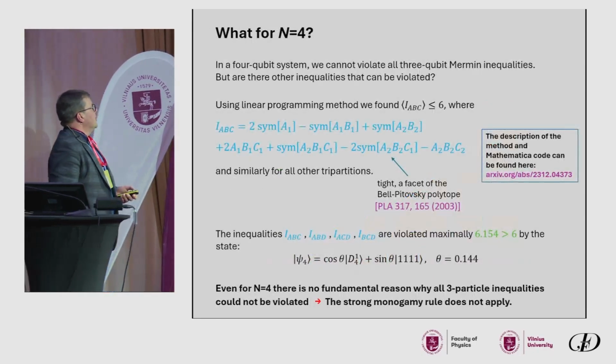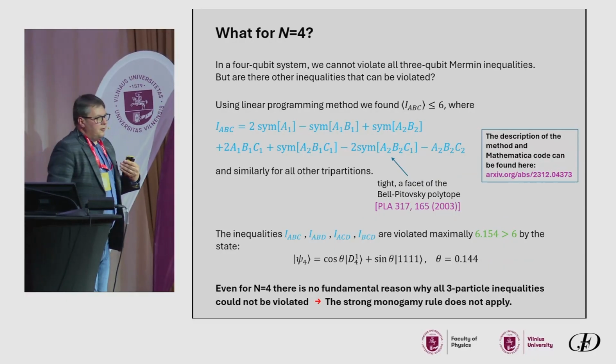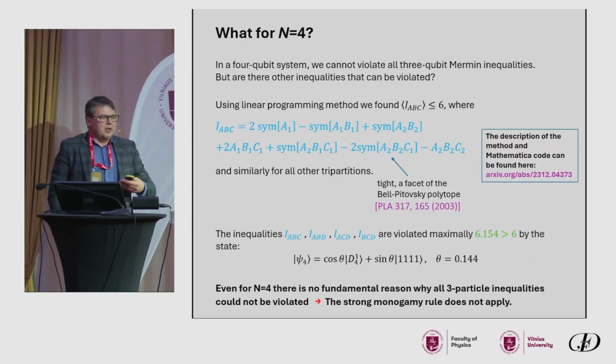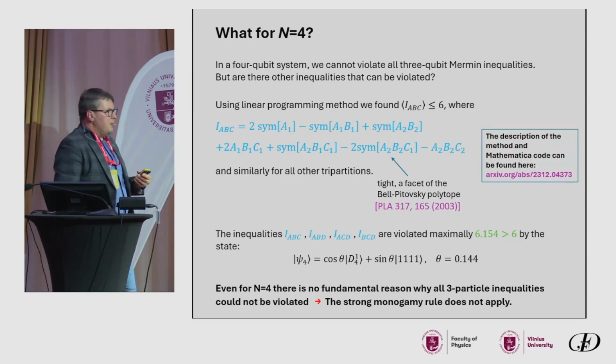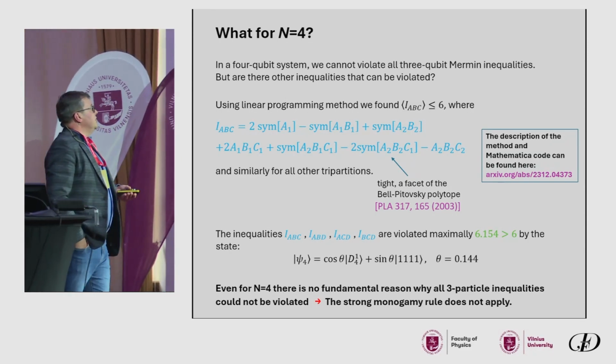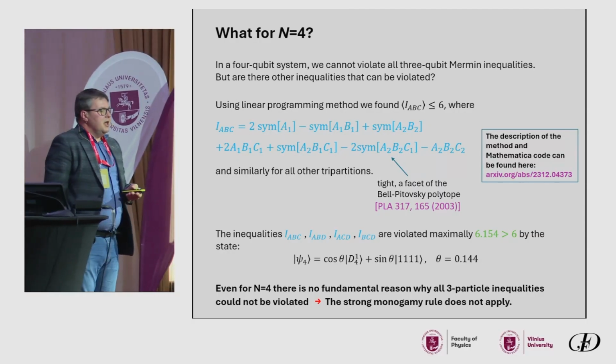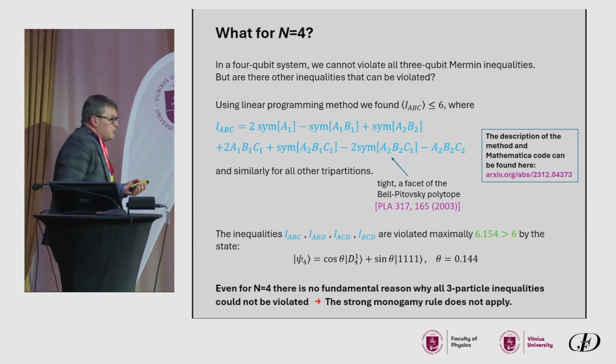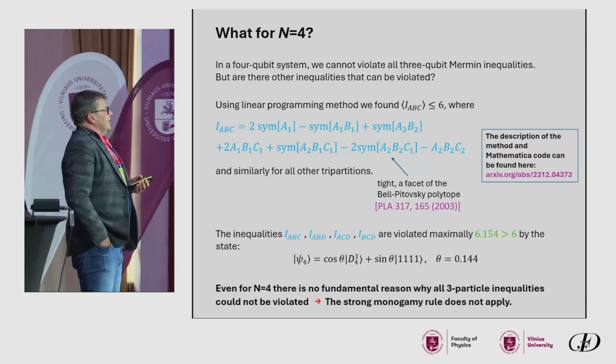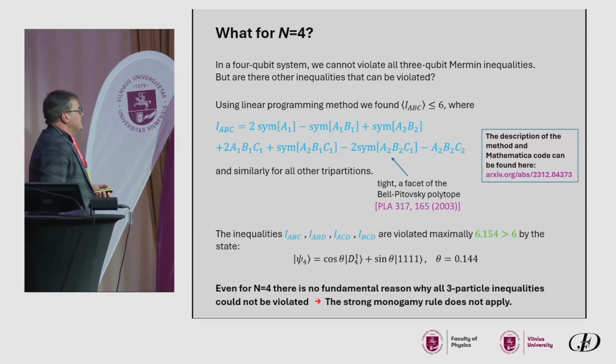4? We know that for n equal to 4, we cannot violate all tripartite Mermin inequalities, but is there another inequality with this property? Fortunately, or maybe unfortunately, I don't know, there is a positive answer.